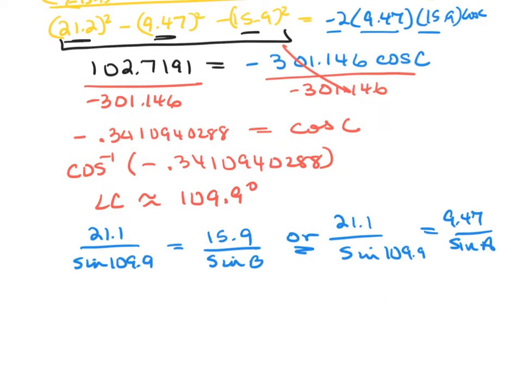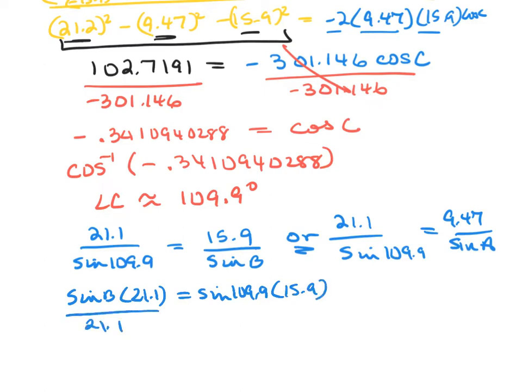So I'm going to go ahead and cross multiply here, and I get sine of B times 21.1 equals sine 109.9 times 15.9. Divide both sides by 21.1, and I get sine of B is equal to 0.70855,83516.